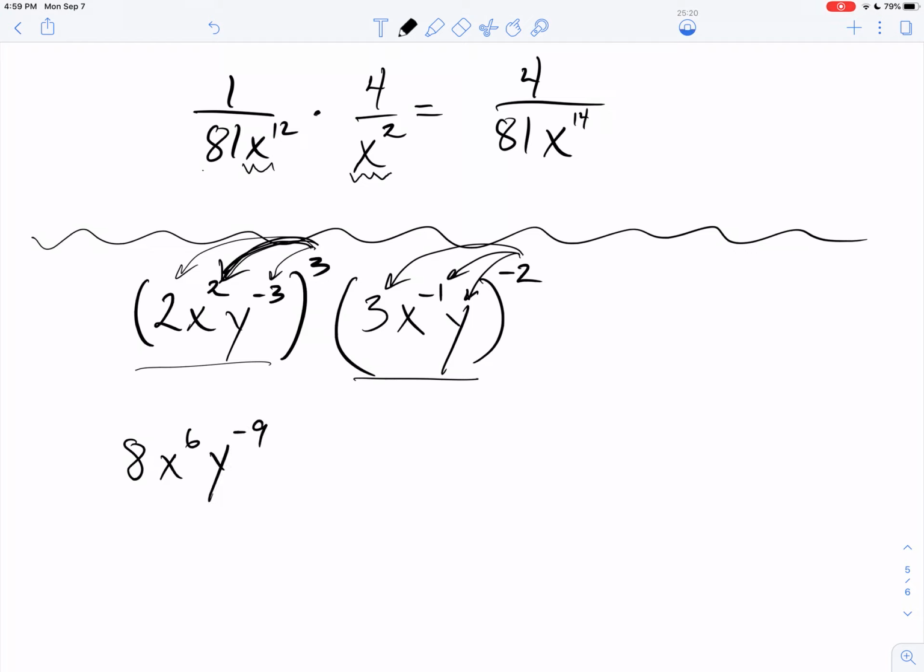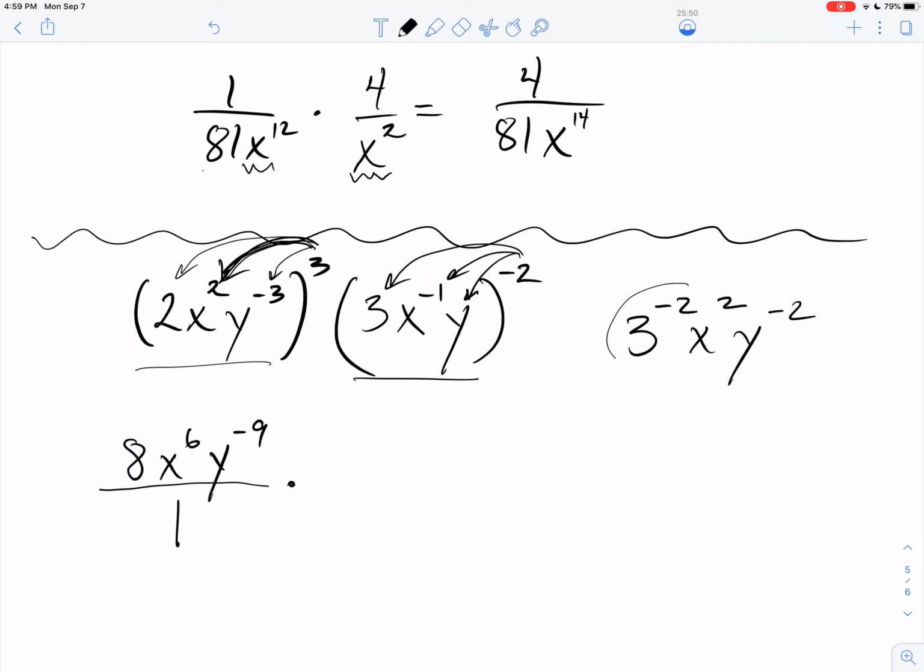I am done multiplying. But you know what? I'm going to make it look like a fraction because I see that there's one piece of the puzzle that's going to travel. It's not the 8. It's not the x to the 6th. The y to the negative 9 is a traveler. Now, I'm going to see what happens over here. This one I'm probably going to write a middle step in because I'm going to get 3 to the negative 2, x to the regular 2 and y to the negative 2.